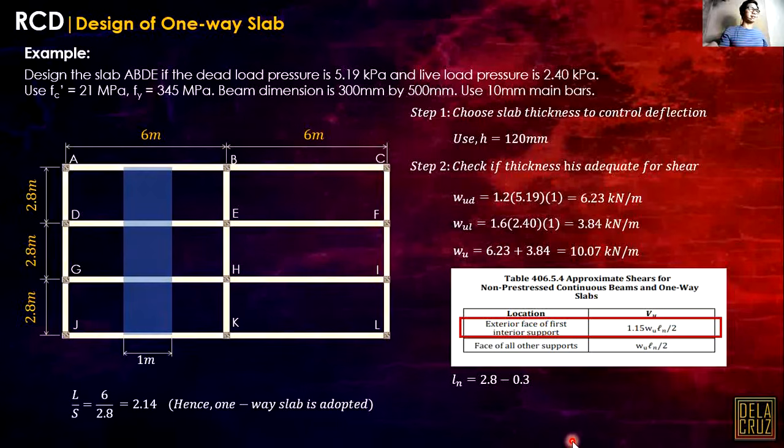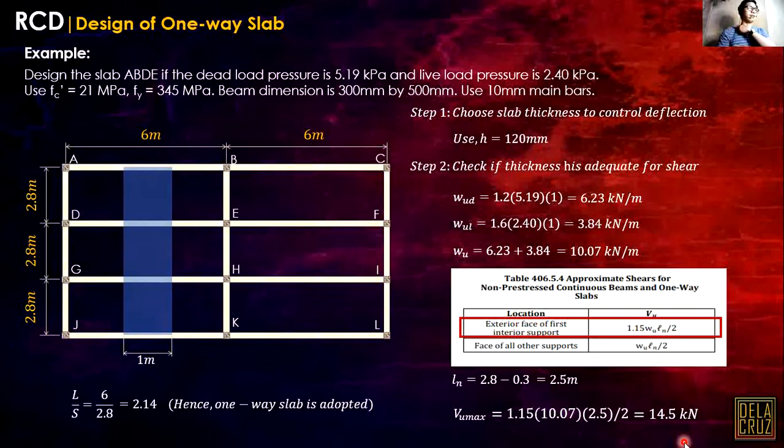Okay, that one. So that is 2.5 meters. So we can calculate our maximum shear, VU max. Okay, just substitute the values. Of course, we have this WU. LN is 2.5, then divided by 2, we have this value of maximum factored shear.